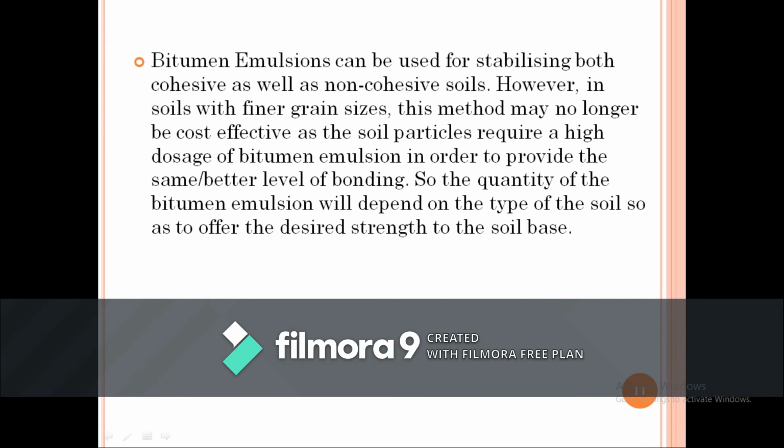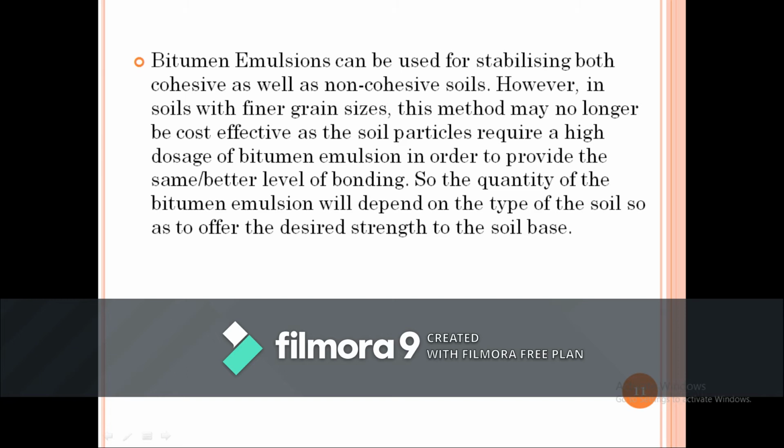So for what type of soils do we use these bitumen emulsions? Bitumen emulsions can be used for stabilizing both cohesive as well as non-cohesive soils. However, in soils with finer grain sizes, this method may no longer be cost effective, as the soil particles require a high dose of bitumen emulsion in order to provide a better level of bonding.